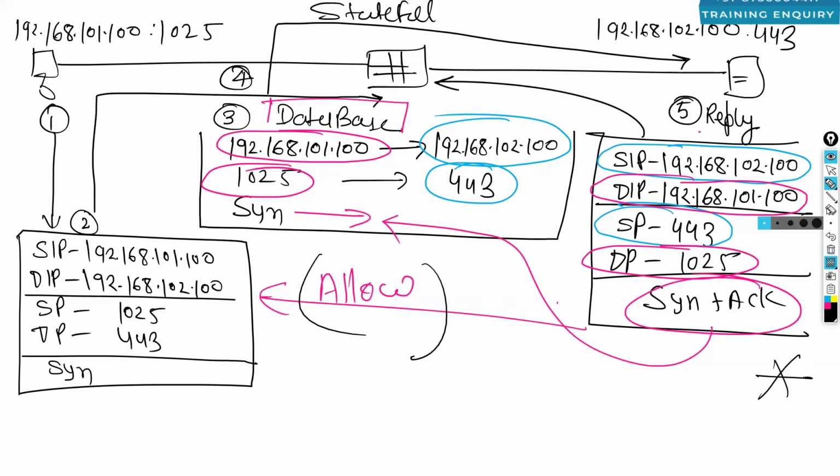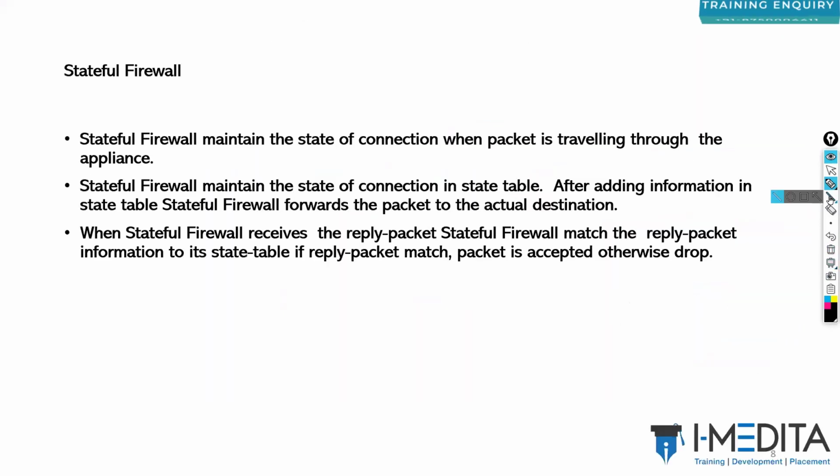So whatever we have understood with the help of the diagram, the same thing is mentioned here. A stateful firewall maintains the state of the connection when a packet is traveling through the appliance or firewall. It maintains the state of the connection in the state table.